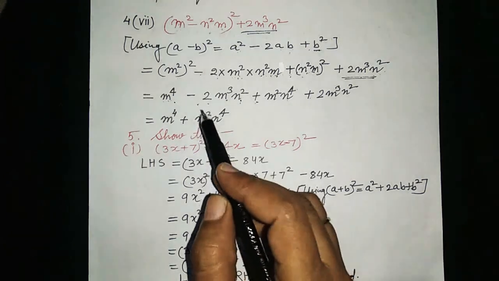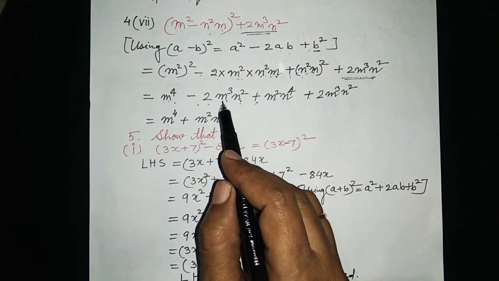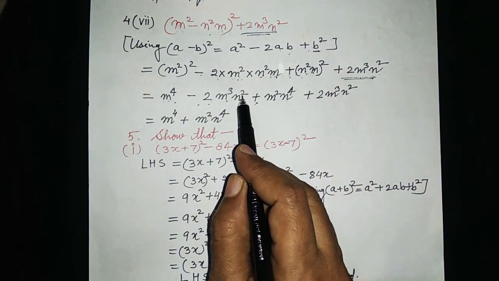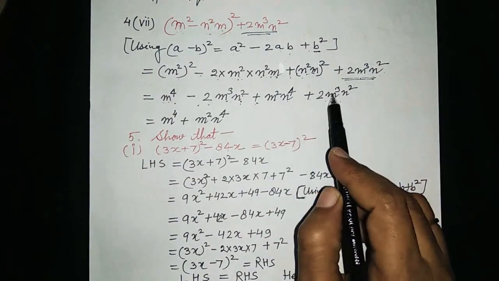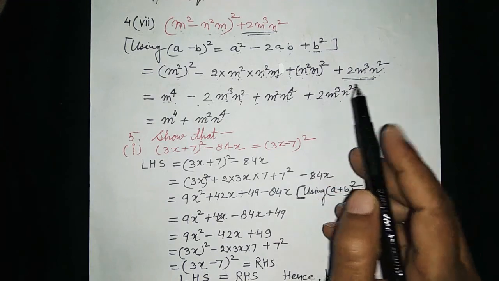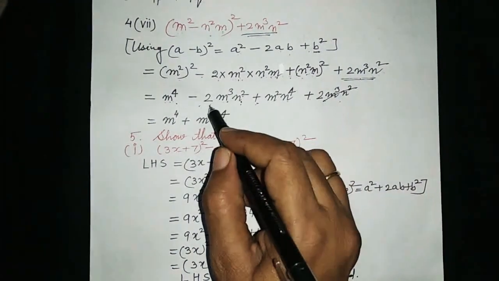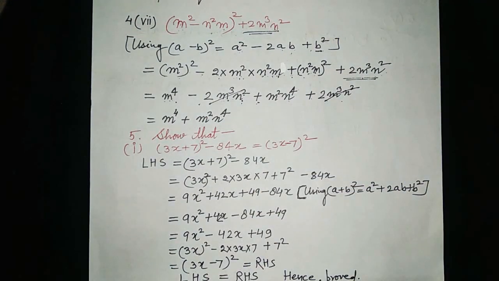Now this minus 2m cube n square and this plus 2m cube n square both are like terms, so you will get 0 after subtraction.